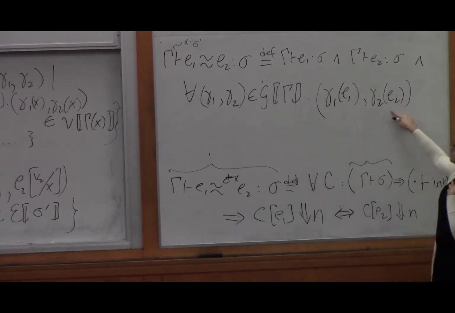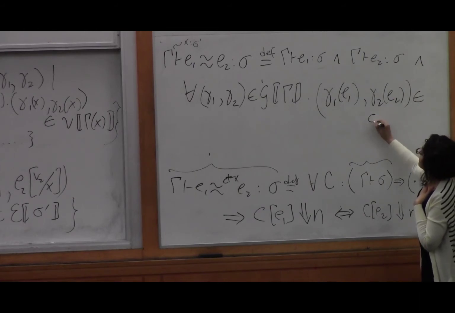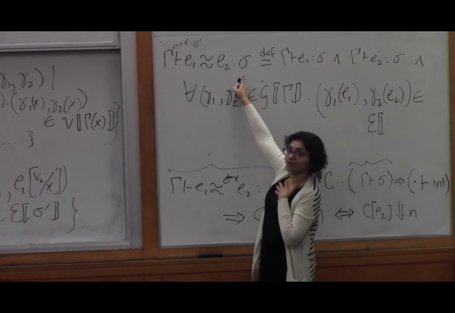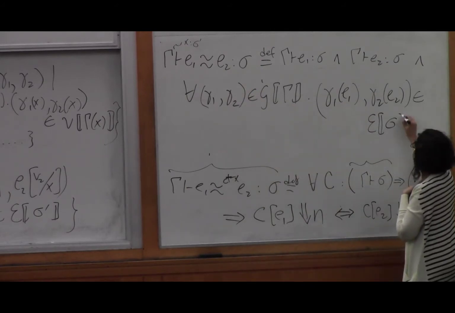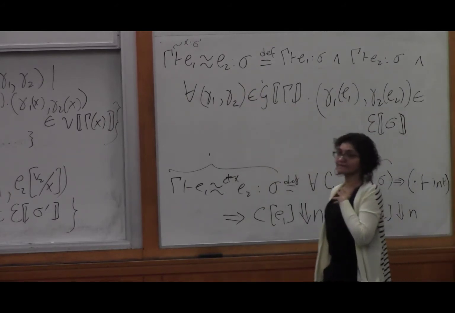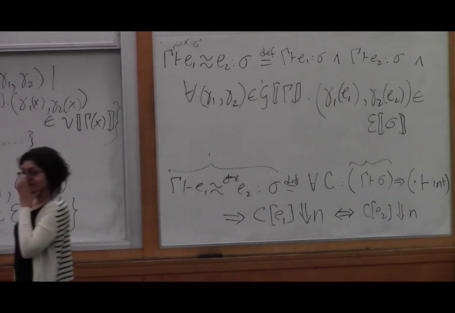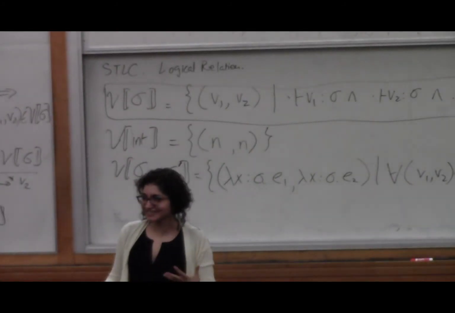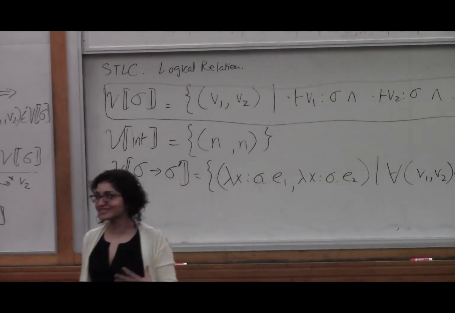Now these guys are closed programs. So I just need to say that they are closed expressions that are related at the appropriate type sigma. Okay. So that's a logical relation, and I claim that you can use this to prove contextual equivalence.